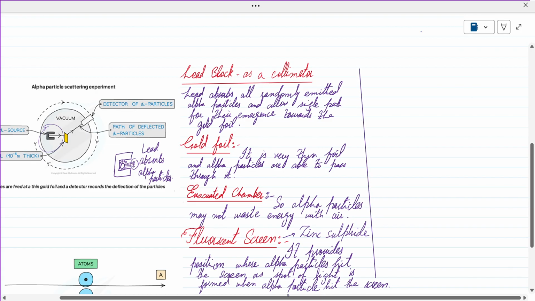Now we are going to discuss the traveling microscope, which I told you is used to measure the angles.